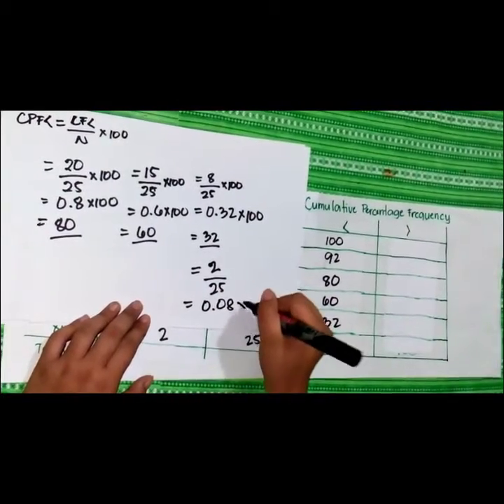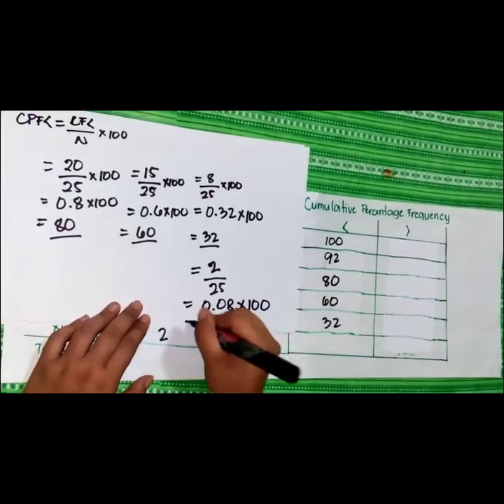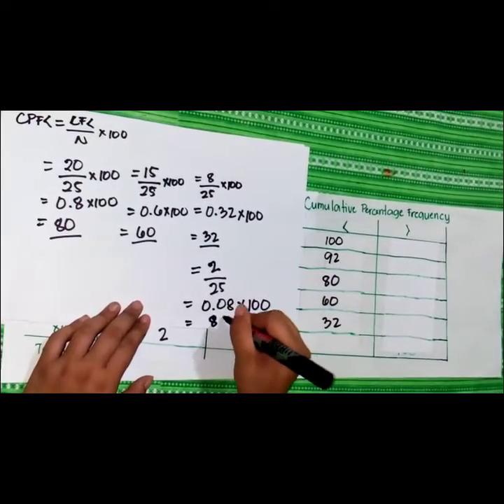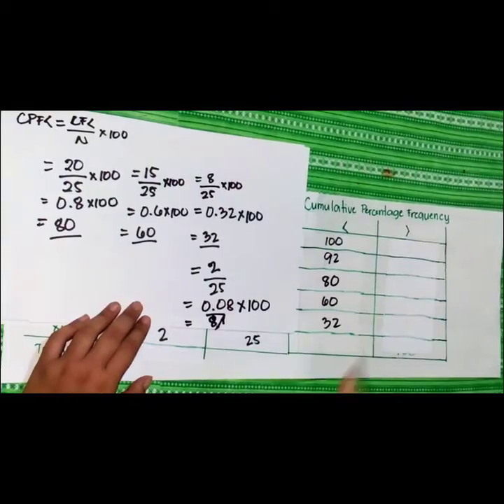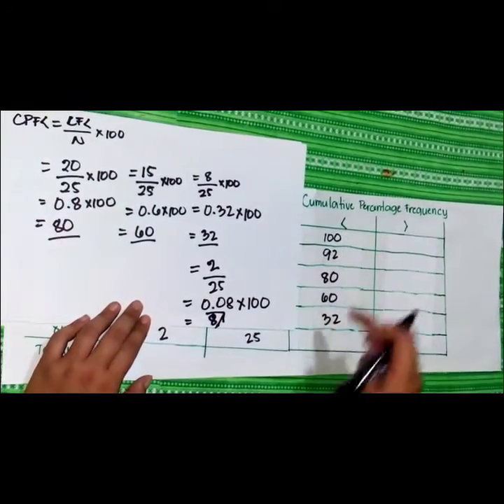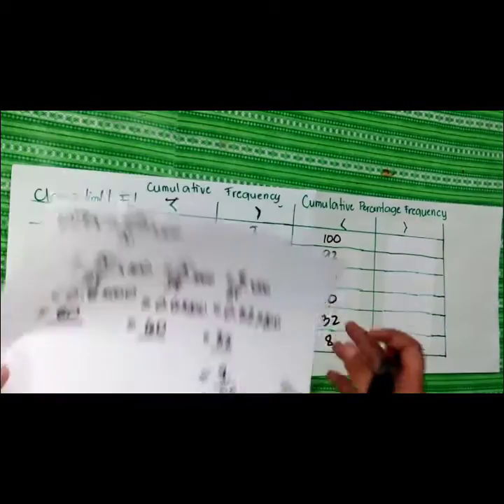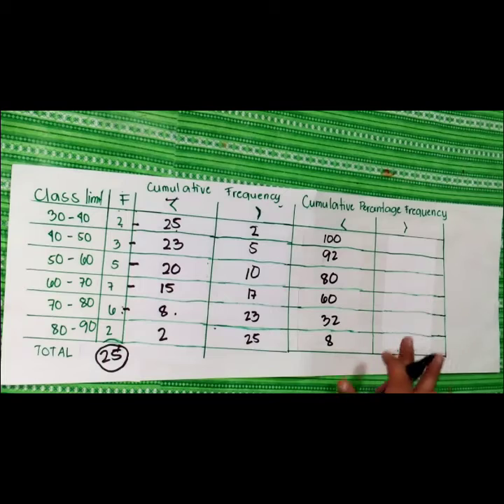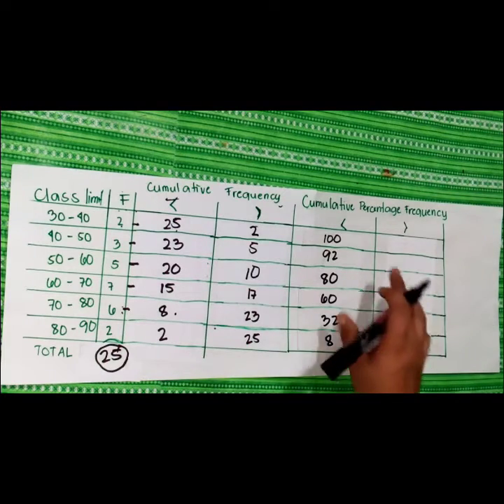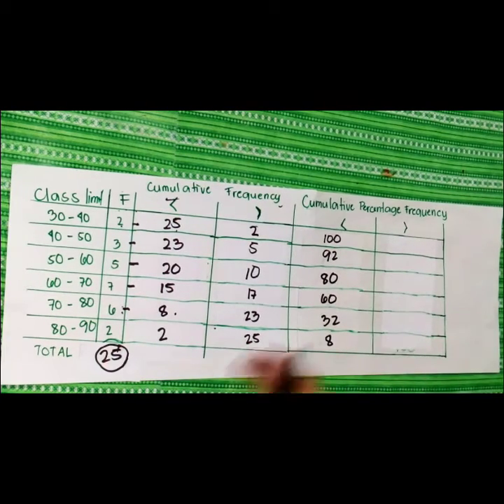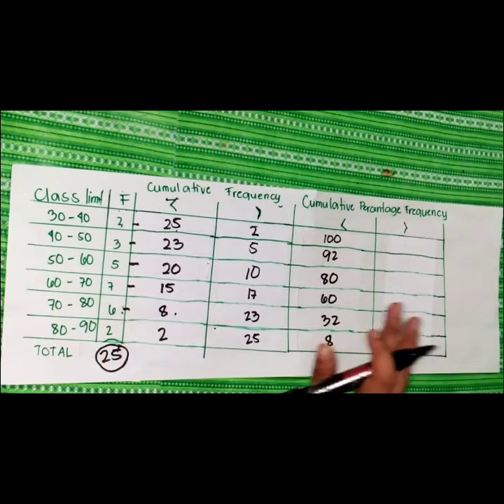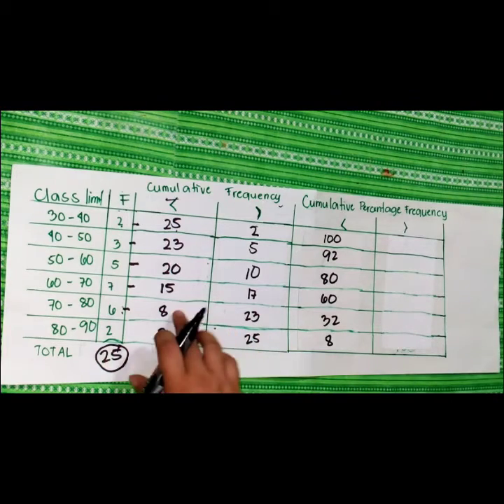And 0.08 times 100 is equal to 8. And that is how to find cumulative percentage frequency lesser than. So we are going to write 8 here. We are going to divide the cumulative frequency lesser than by our number of cases times 100.